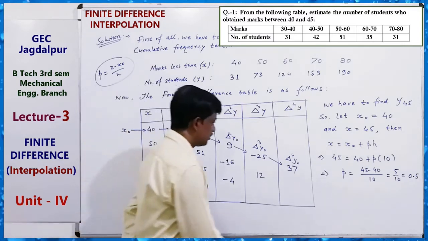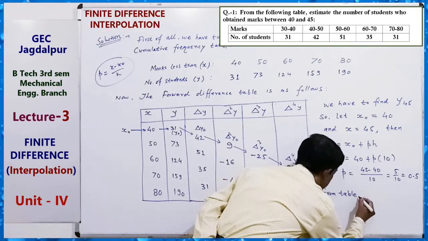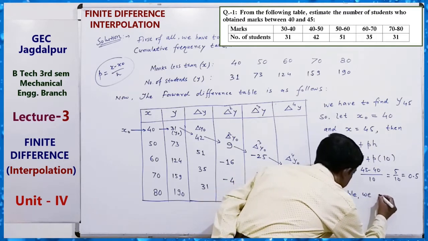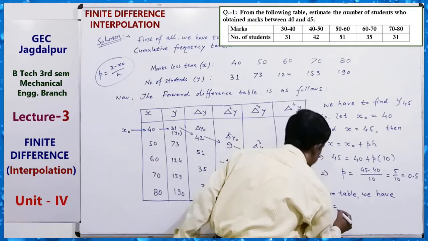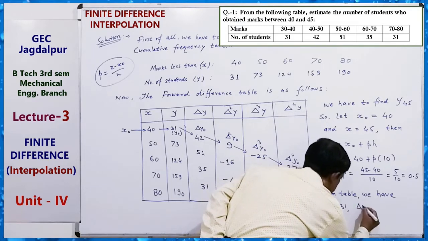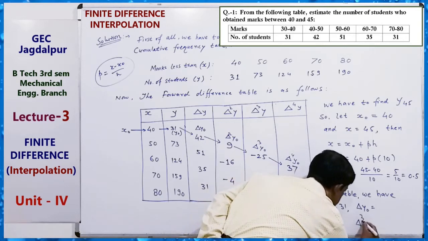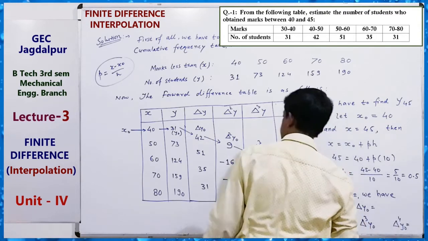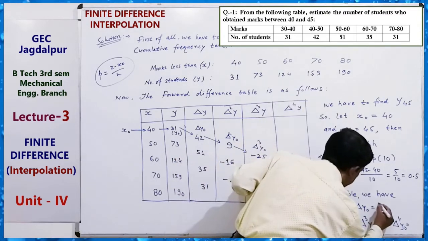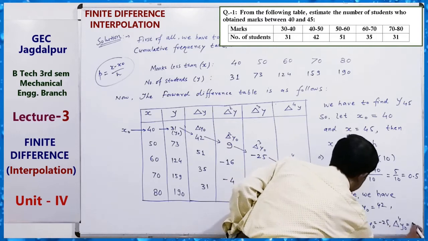So from table we have y0 equals 31, del y0 equals 42, del square y0 equals 9, del cube y0 equals minus 25, and del 4 y0 equals 37.